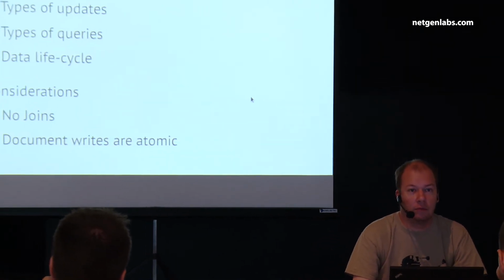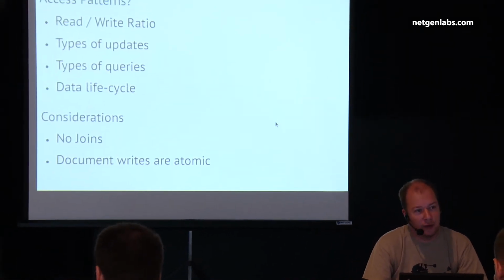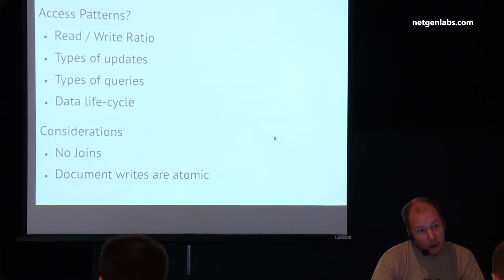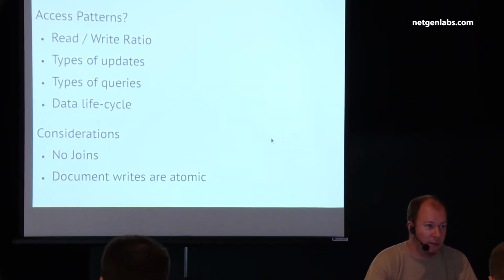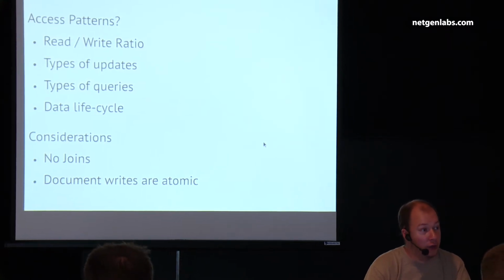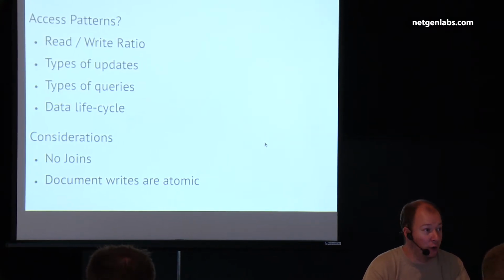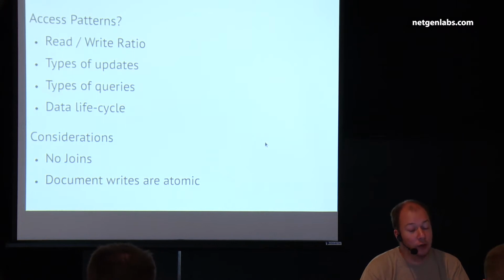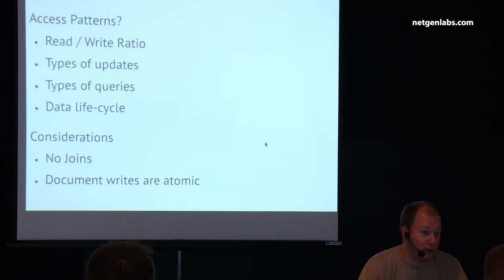If I don't have to think about certain data that is older anymore, that might be an influencing point on how you design your data. But you also need to consider that there's no joins. And there's also no transactions that go over more than one document. So only updates to a certain document are atomic. And with those constraints in mind, you need to think about how to store data.